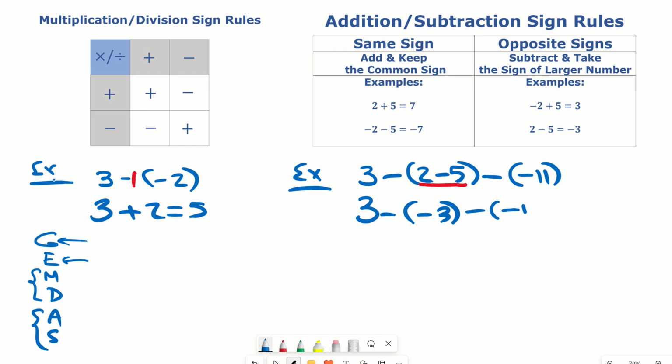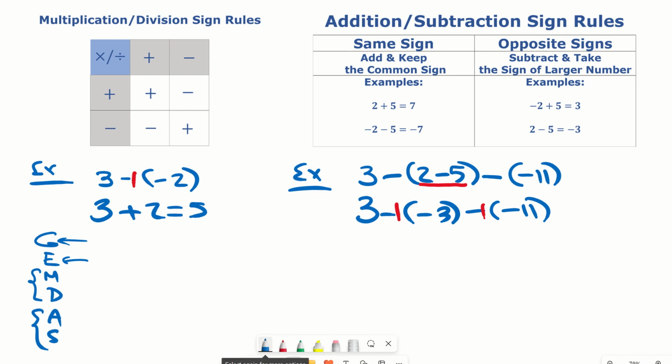So I just want to take care of one thing at a time so we don't get confused, all right? So now we go through and we realize we have multiplications here. They're implicit multiplications. They're not very obvious multiplications, but they are. I notice I have a -1 times a -3 here, and I have a -1 times a -11 here. That's what I mean by apply these rules first to get rid of the parentheses.